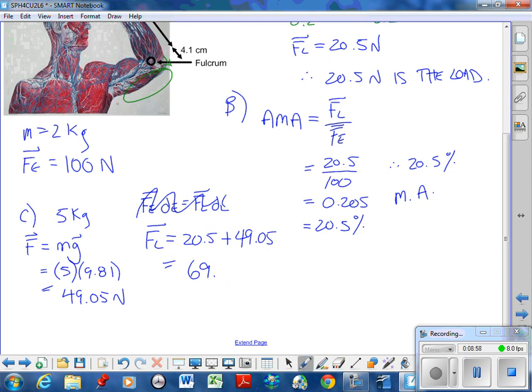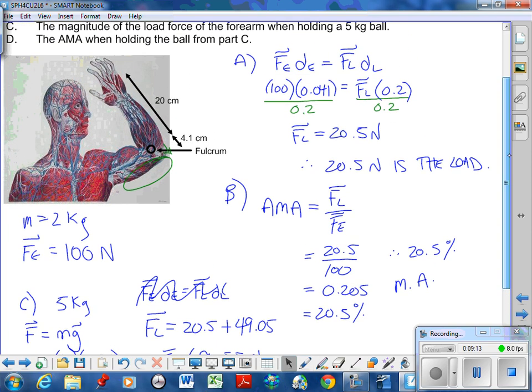Now the load applied on your arm is 69.55 newtons. So that answers C part.